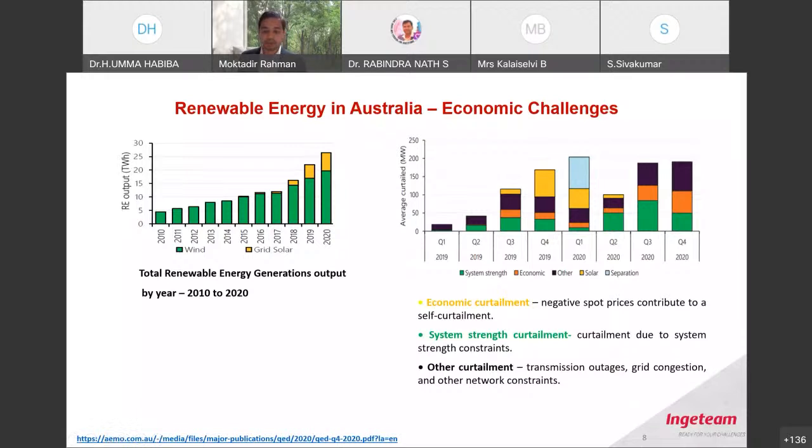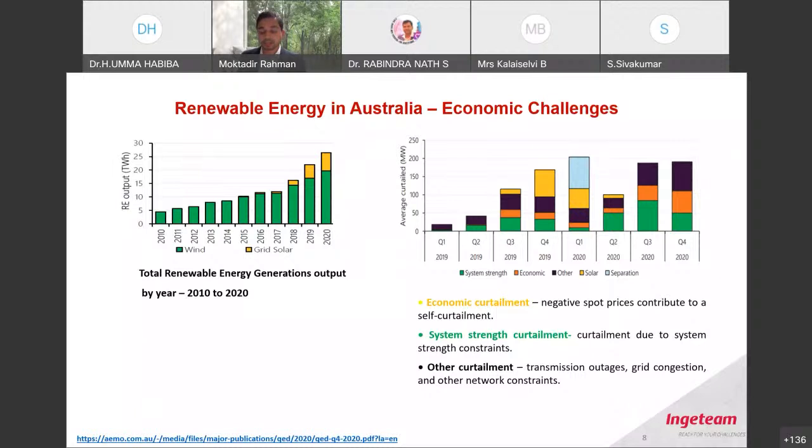During the day, when there's less demand, AEMO, which is the regulator or the NSP, the operator, curtails the solar plant to a certain level because the market price is negative.